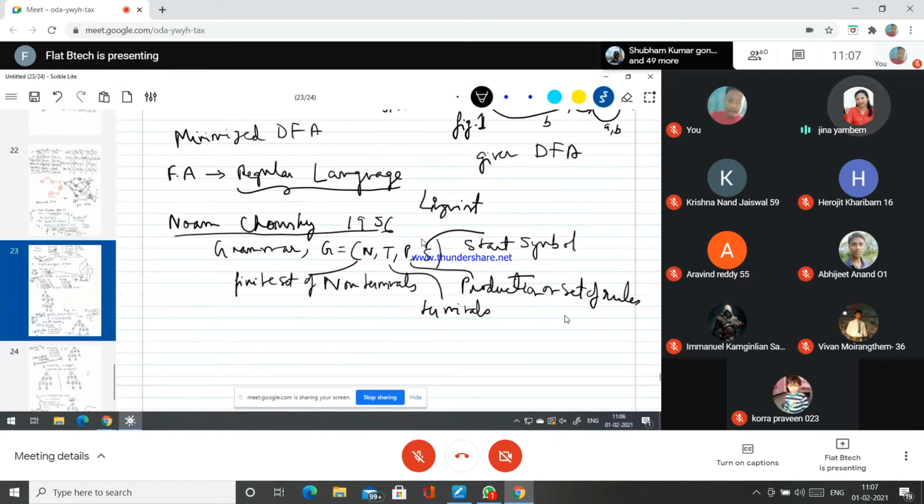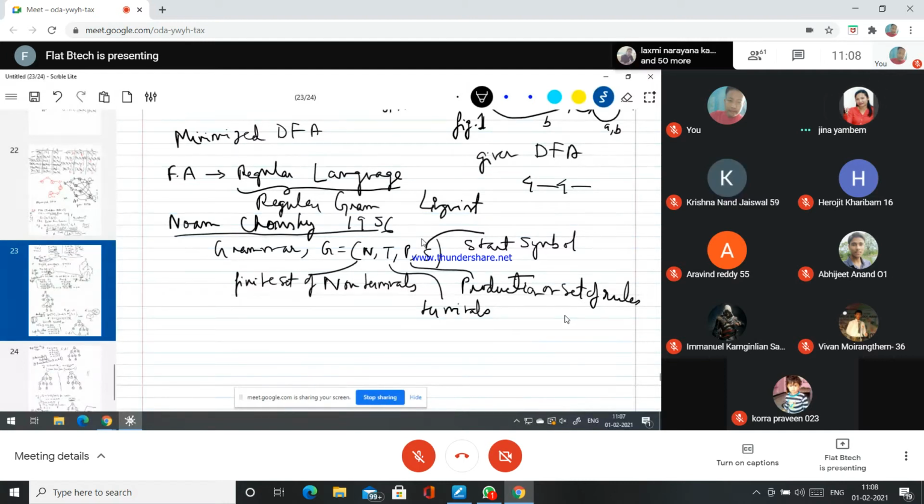I've already told you at the beginning of this paper that we are going to study 4 types of machine, correspondingly 4 types of language, correspondingly 4 types of grammar. This (N, T, P, S), I'll be defining specifically in terms of regular grammar. The grammar which could generate regular language is known as regular grammar.